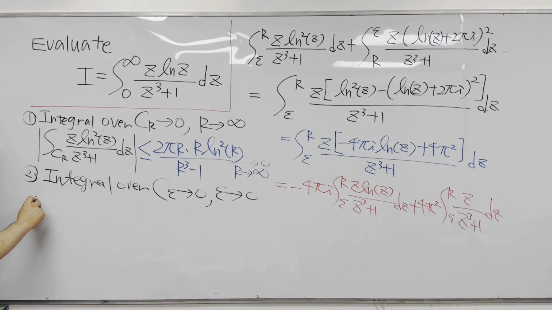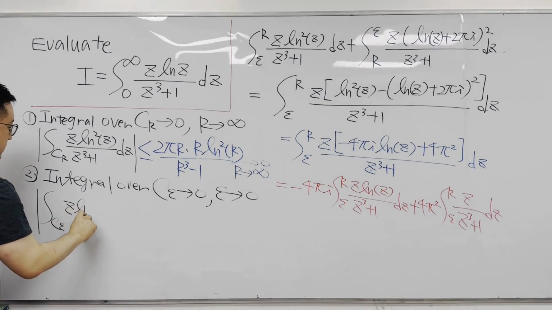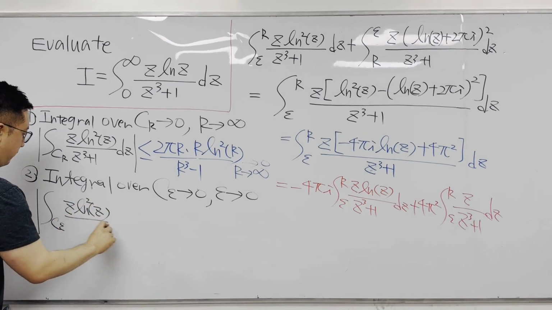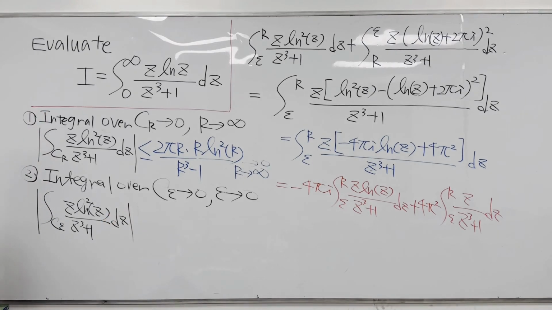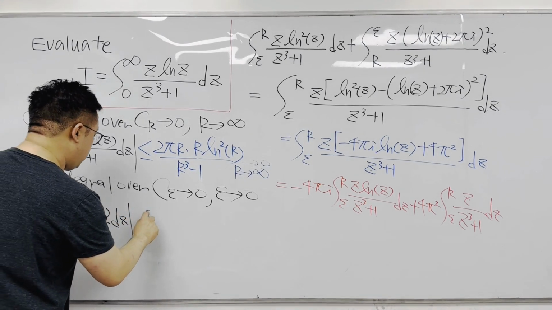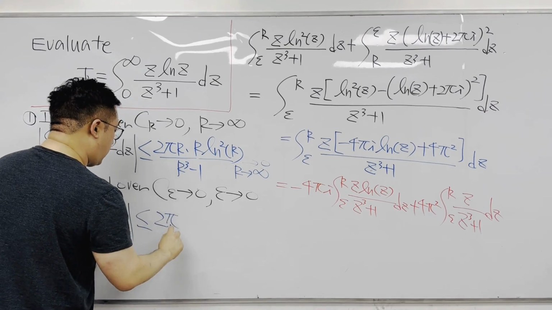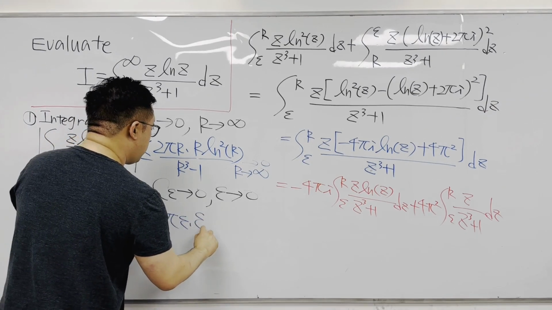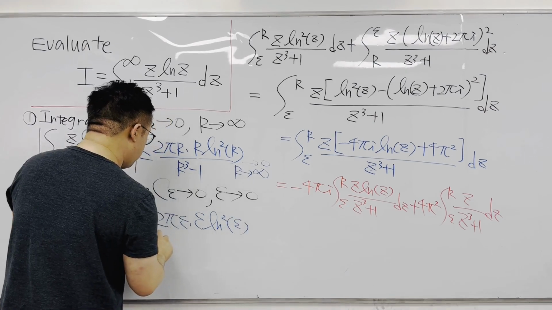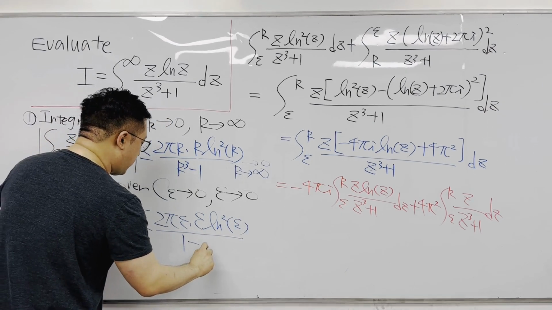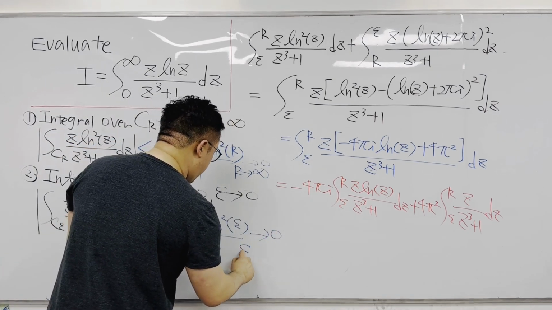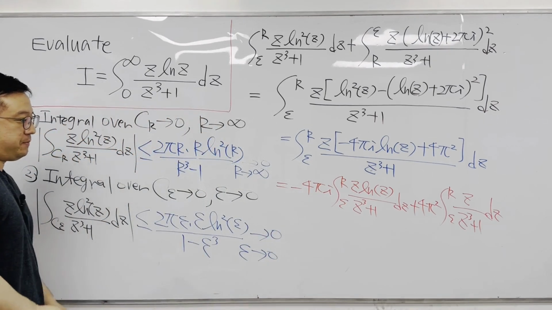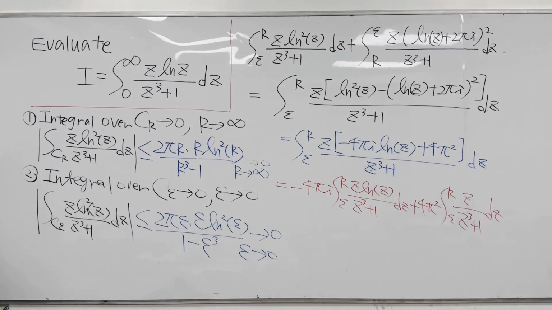Also, we can easily check this: the absolute value of the integral over C_epsilon of z ln² z over z³ + 1 dz has to be less than or equal to 2π epsilon times epsilon ln² epsilon over 1 − epsilon³. This will go to 0 if epsilon goes to 0. So these two check out.